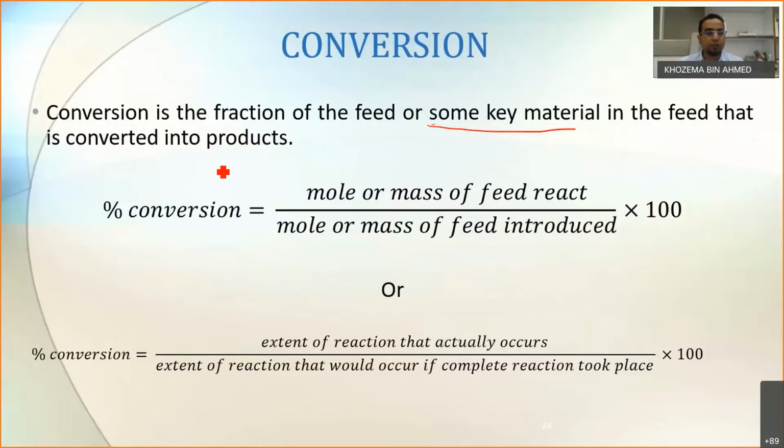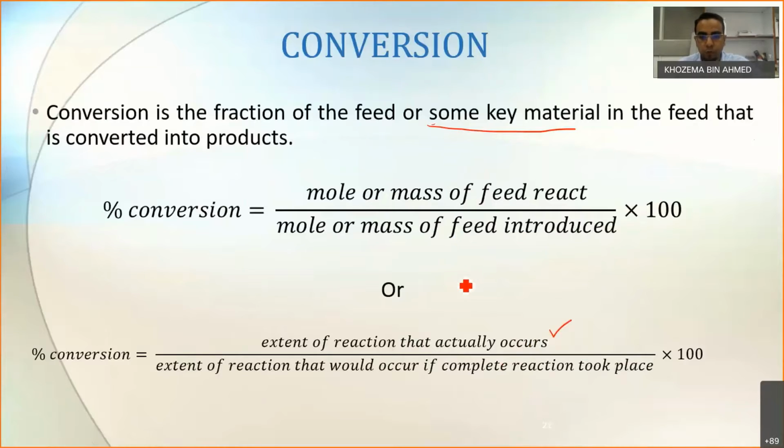The second way is that conversion can also be found using your extent of reaction. So the percentage of conversion again here is equal to the extent of reaction that actually occurs divided by the extent of reaction that would occur if complete reaction took place, meaning that this is what is happening and this is the theoretical where your conversion is 100%.